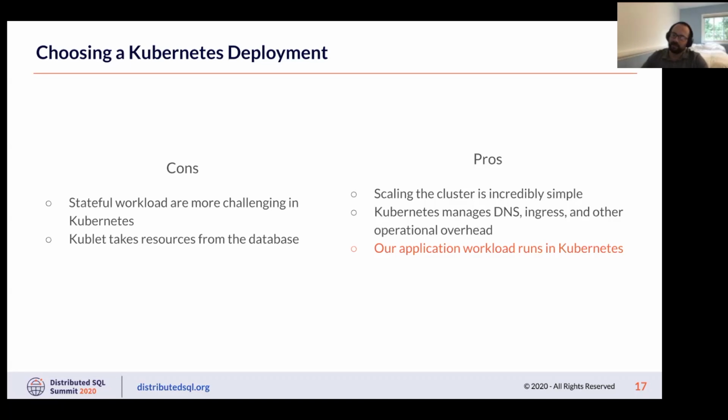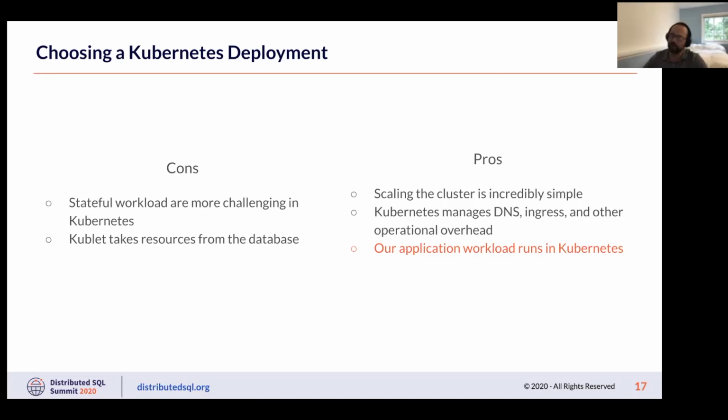So big pros, obviously, are scaling. Scaling of a YugaByte cluster in Kubernetes is incredibly simple. It's just changing the number of replicas for a given stateful set. And Kubernetes gives us the ability to manage a lot of the operational overhead, like DNS, some ingress, and other things like this.